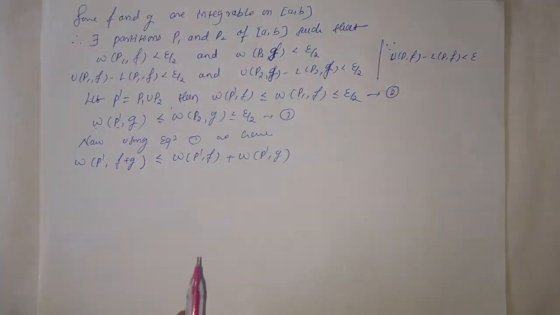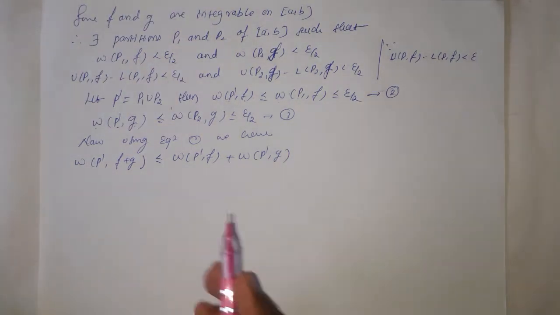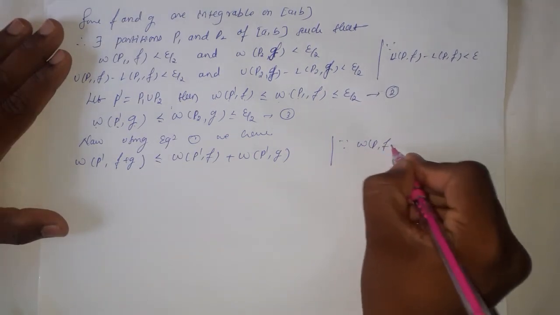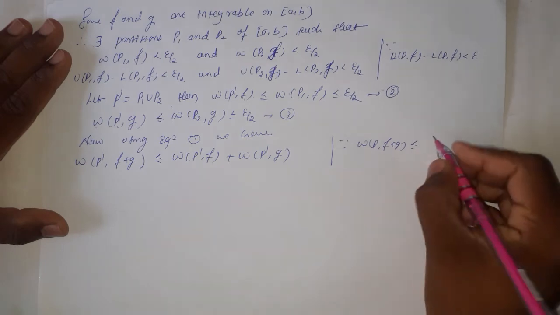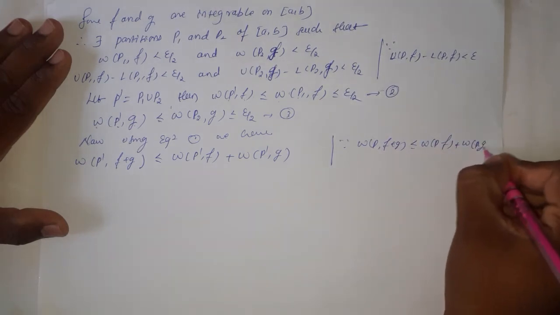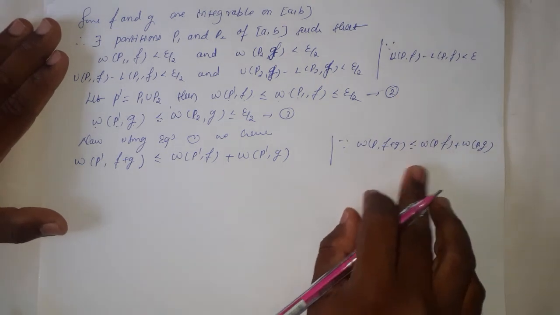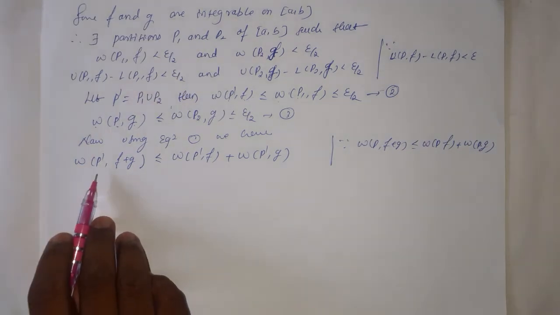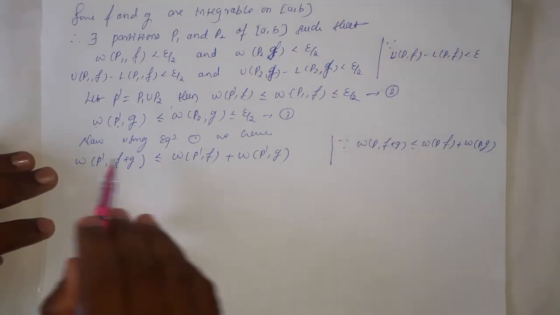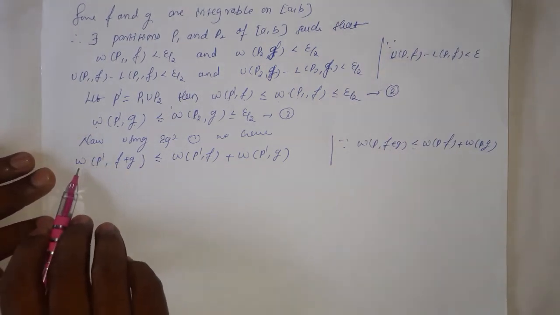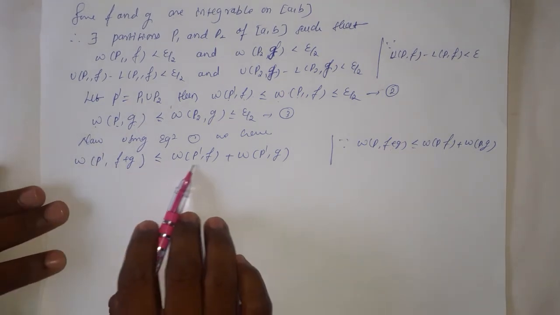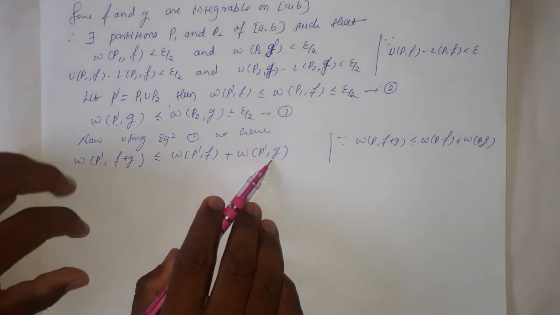So here, in equation 1, that is nothing but W P f plus g is less than or equal to W P f plus W P g. It is our equation 1. Now here we are writing this equation for the partition p dash. So therefore W p dash f plus g is less than or equal to W p dash f plus W p dash g.